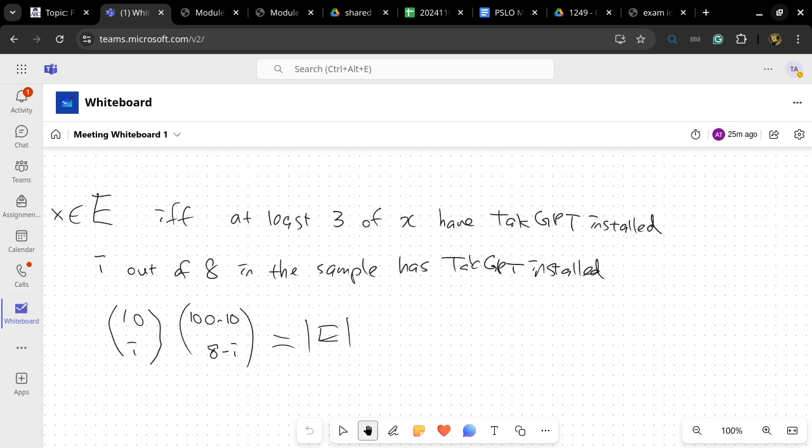So this one is just exactly I of the 8 samples have tag GPT installed. But the question is not asking about exactly 3 or exactly 4. It is asking about at least 3, okay?